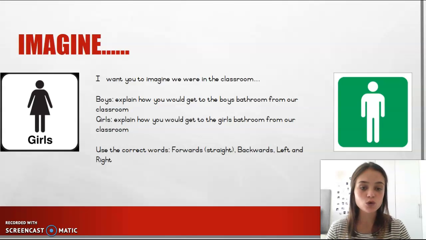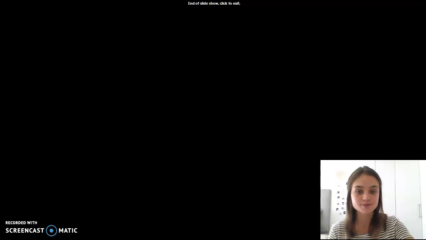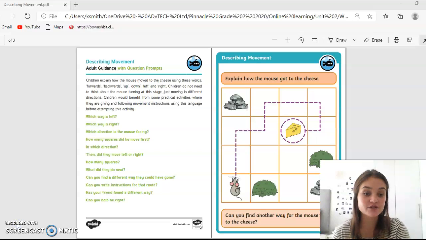So now all you have to do, boys and girls, is be able to move an object or something in the right direction using forwards, straight, backwards, left, and right. Okay, let's have a look at our activity for this week, where you are only going to describe movement. So I'm going to read the little blurb over here.